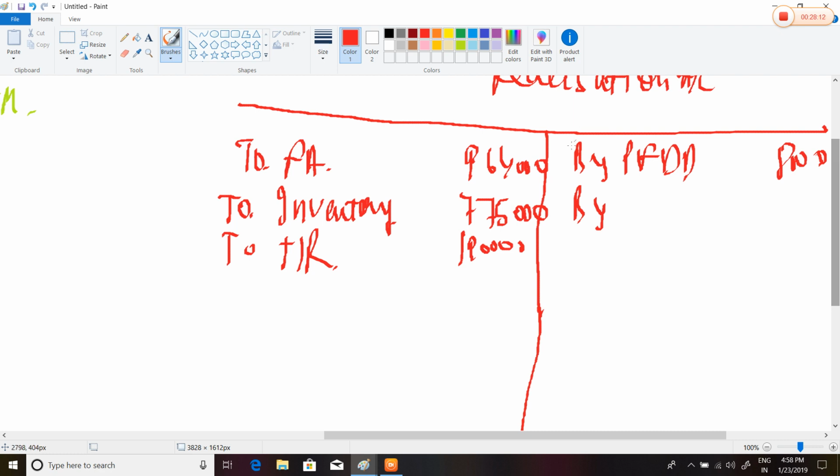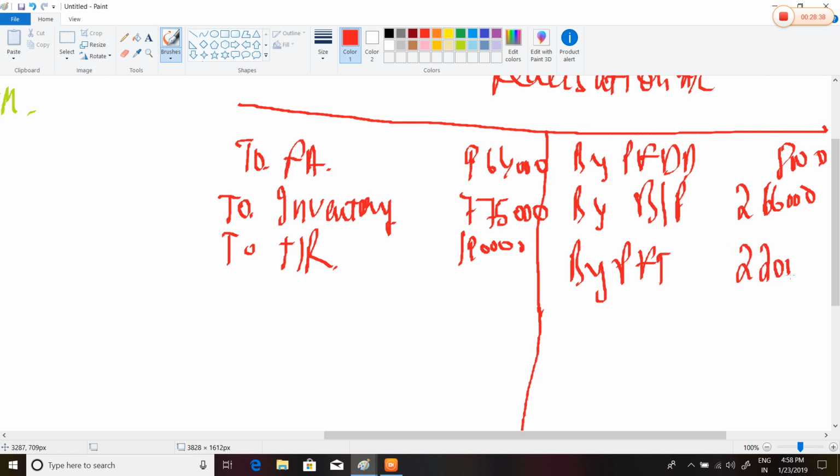Then by bills payable and sundry creditors. I am writing here bills payable, 2,66,000. Then by provision for taxation, 2,20,000.